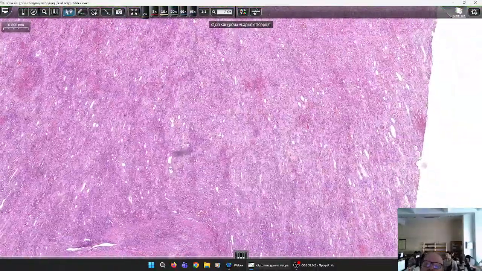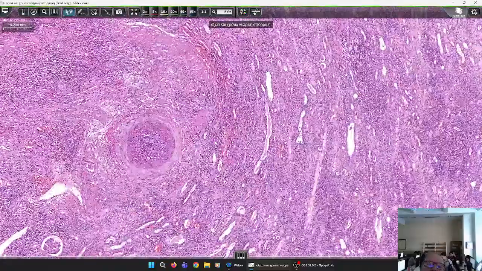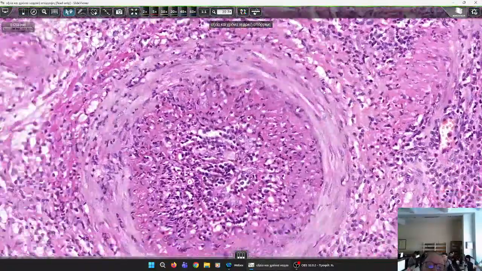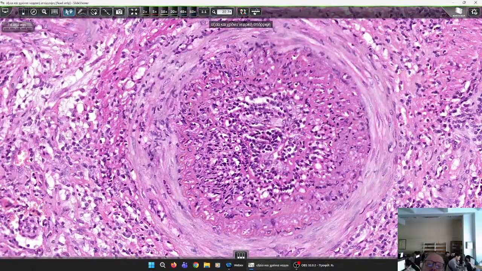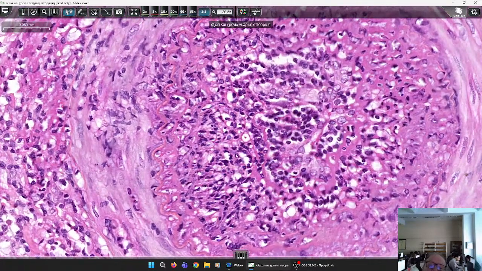Let's see the rest. Here we are. What is this structure being invaded by all these cells, some of which are neutrophils, because when some cells are destroyed, neutrophils may come. However, it is an immune-mediated inflammation.